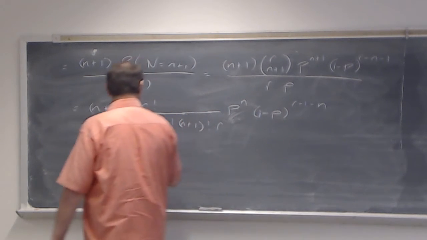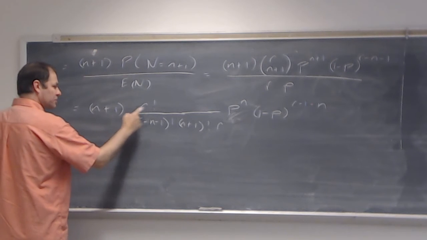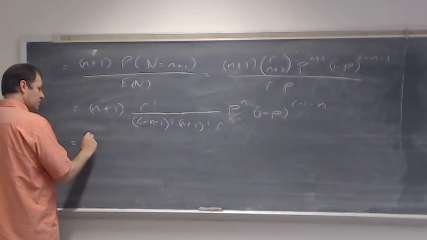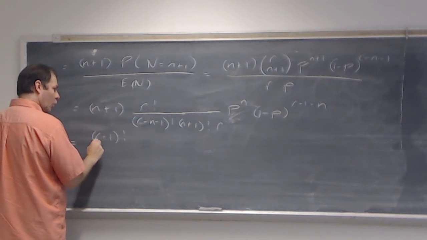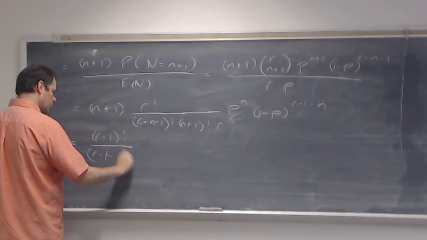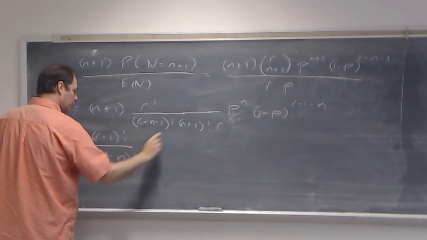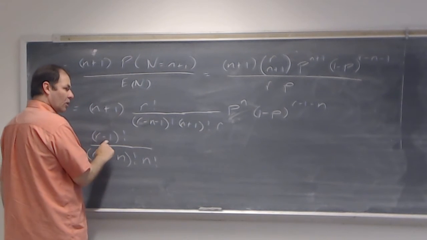The n plus 1 here and the n plus 1 there will cancel. There's an R here and an R there that will cancel. So I'll write down R minus 1 factorial over R minus 1 minus n factorial. Here we'll just have n factorial. That R canceled with one of these R's to make R minus 1.